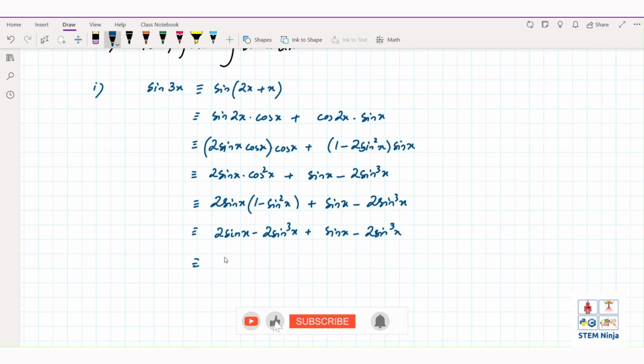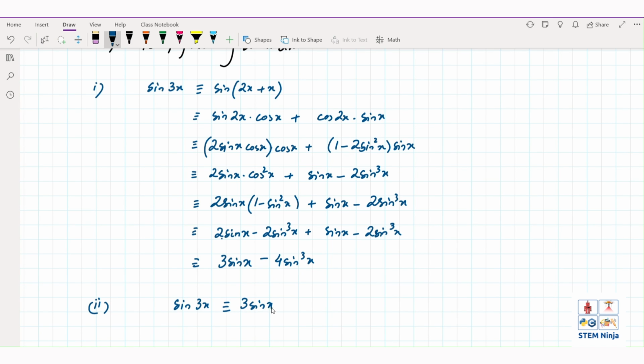And now finally, this would become 2 plus 1, 3 sine x minus 4 sine cubed x. So this is this.